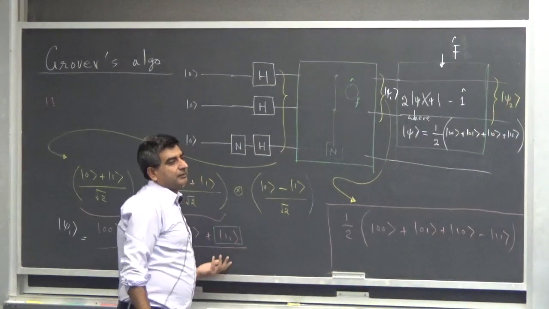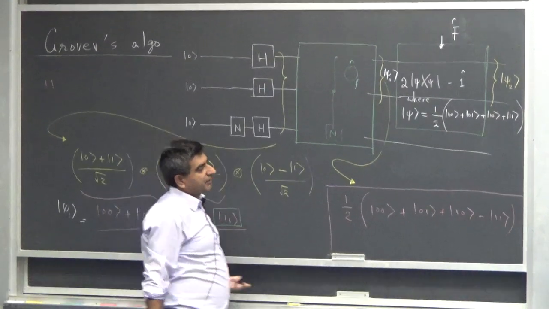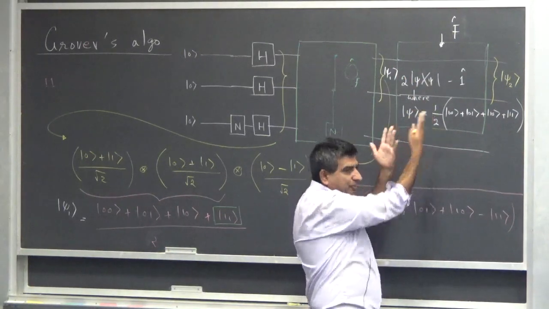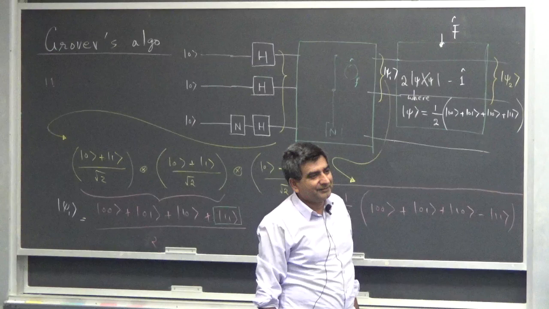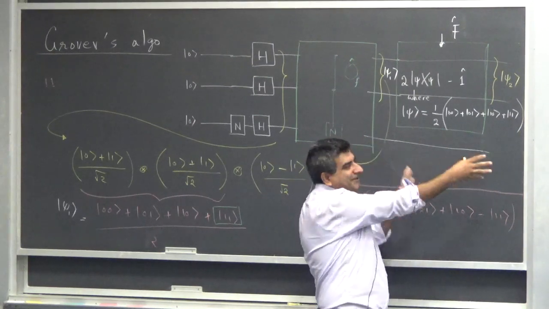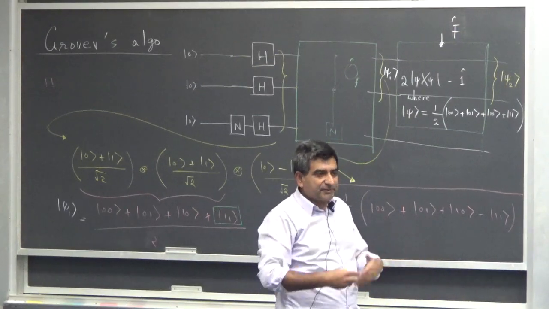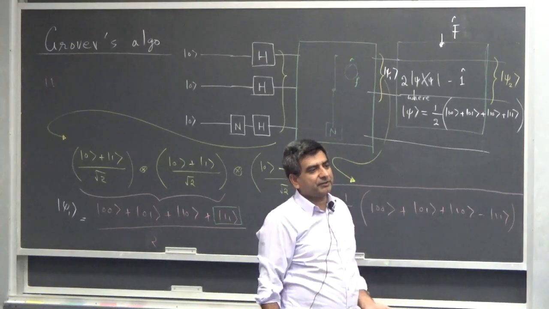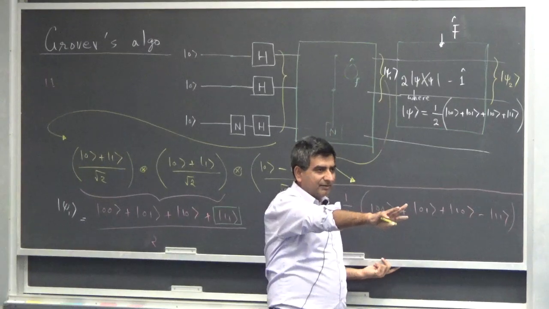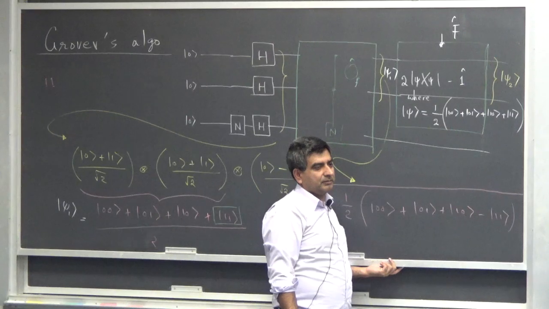We're just ignoring that third qubit. There is a third qubit, but there is an identity operator on it, so we do not have anything to do with the third qubit from this point onward.